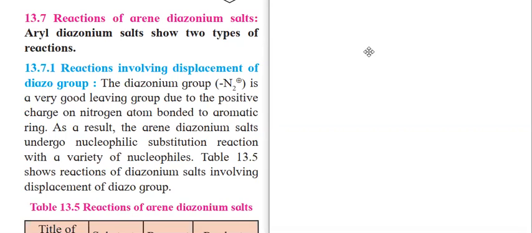What is meant by diazonium salt? We have seen the stability of diazonium, aliphatic diazonium and aromatic diazonium.